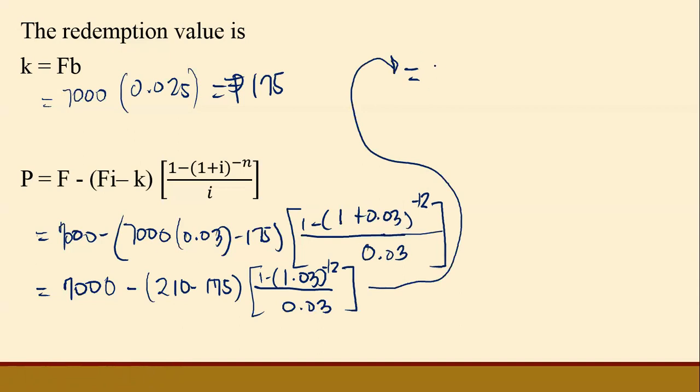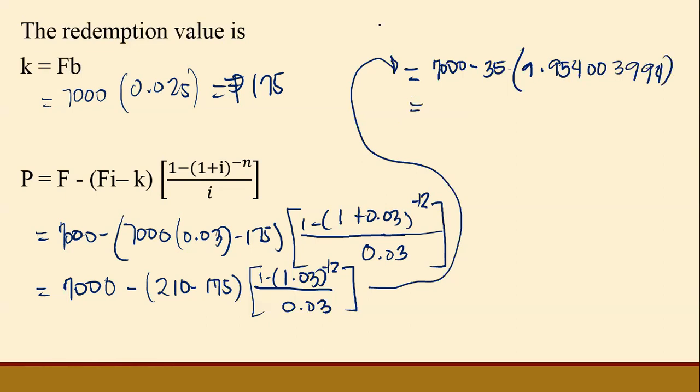So this is 7,000 minus 35 times, the value inside the bracket is 9.954003994.